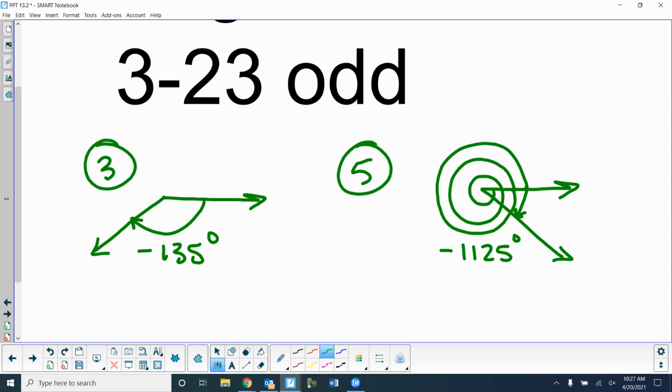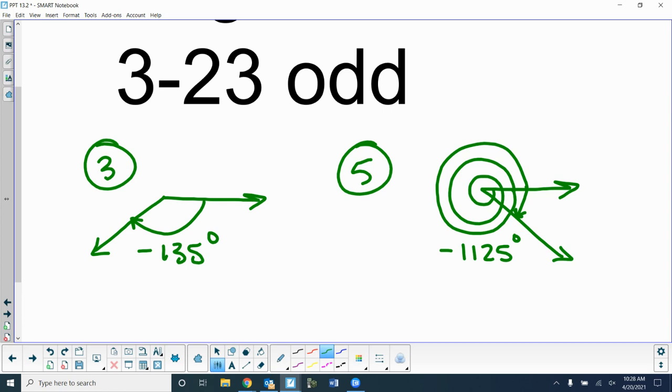What are the positive and negative coterminals? There's your positive, what'd you put? Yeah, 1080. Or if you subtracted 360 from 720, what'd you get? 360. So 1080 or 360. Okay.